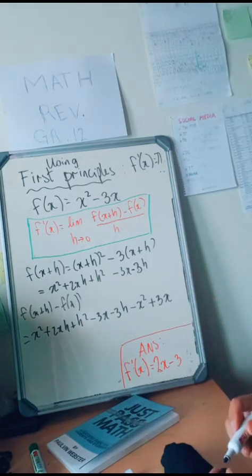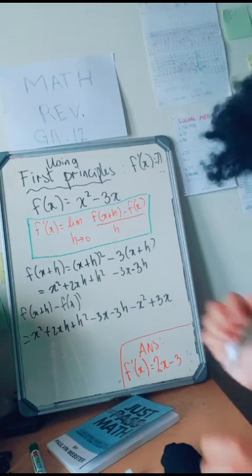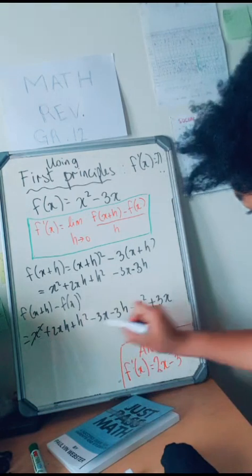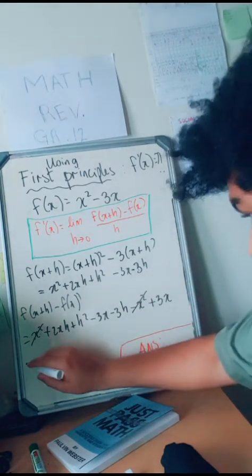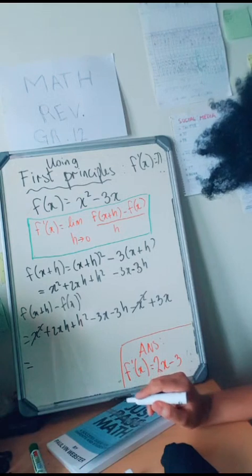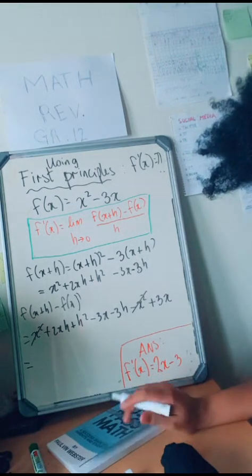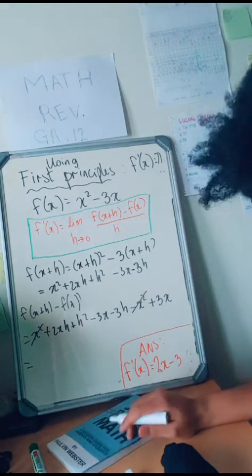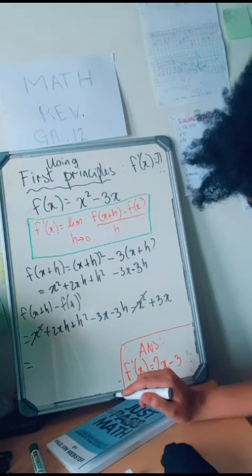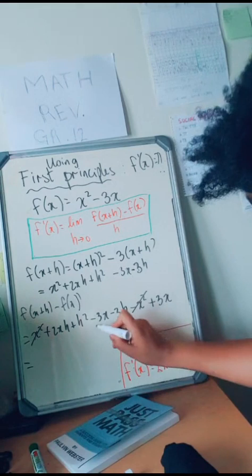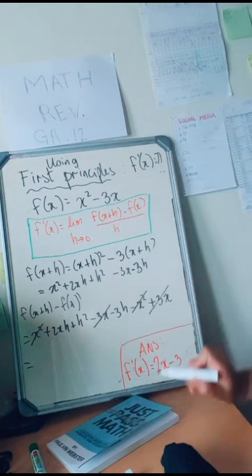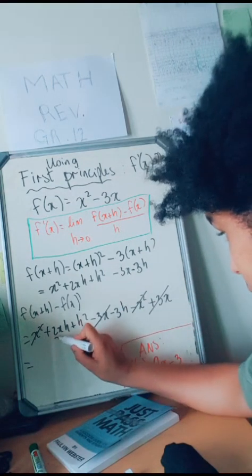Now the funny thing is, let's do this. This one and this one cancel. There we go. This one and that one cancel. Then all we are left with is this.